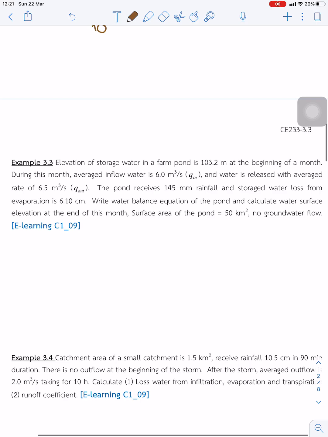Okay, this is the problem, example 3.1. The elevation of storage water in the farm pond is 103.2 meters at the beginning of a month. Okay, so we have the farm pond.